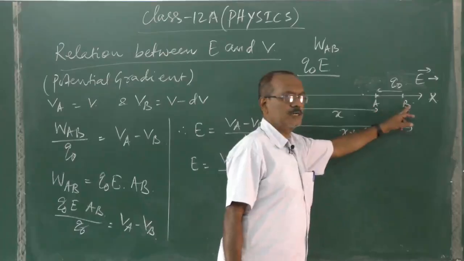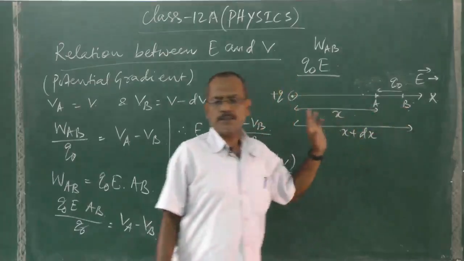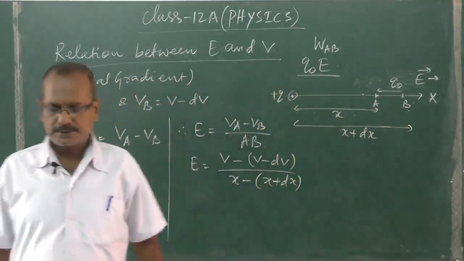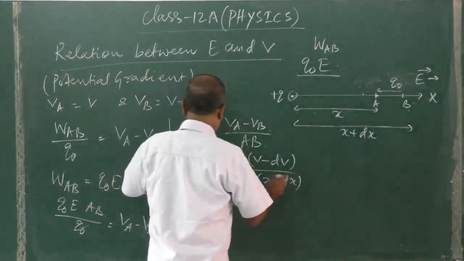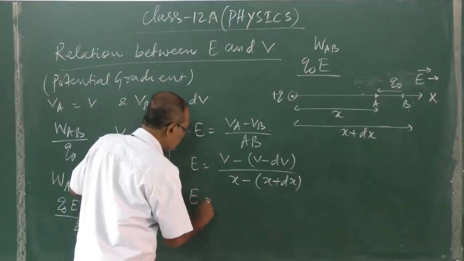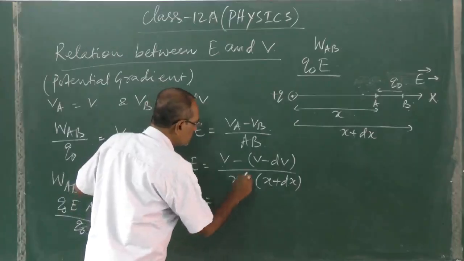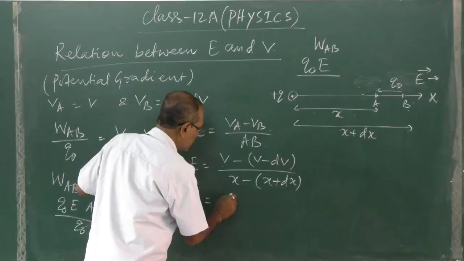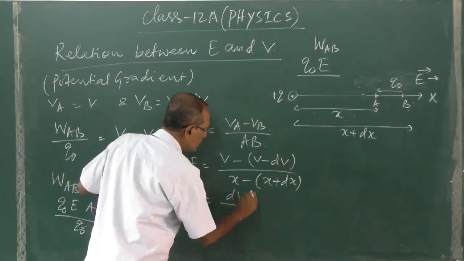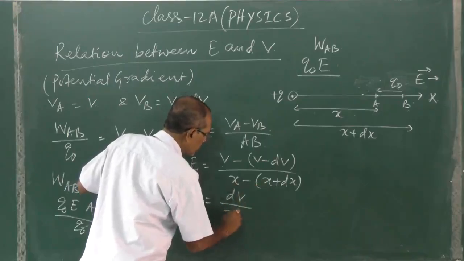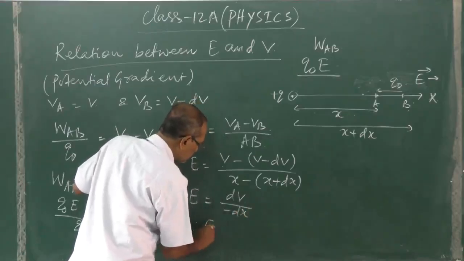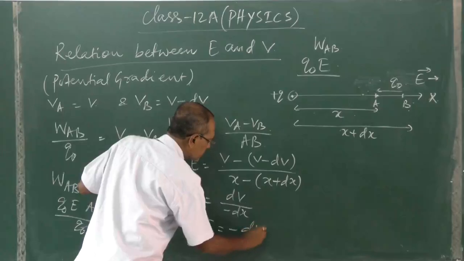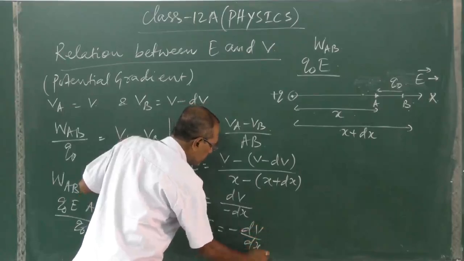This minus this we are doing, so therefore x minus x plus dx. Then this value will come: E is equal to dV by x cancel minus dx. So therefore E is equal to minus dV by dx.